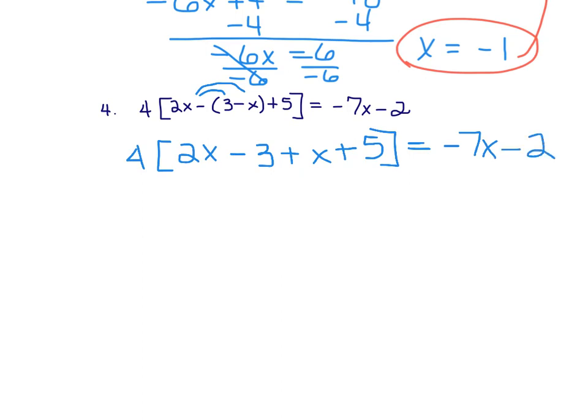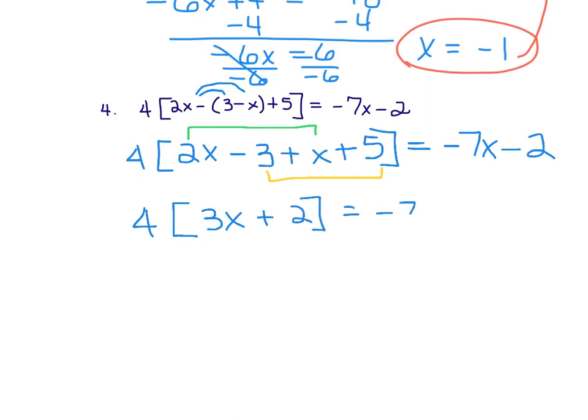Now within the brackets, I'm going to group my like terms. So I'm going to group the x's, and then I'm going to group the constants. So here I'm going to get 4, the bracket, 2x plus 1x is 3x, and then -3 plus 5 is 2, equals -7x minus 2.